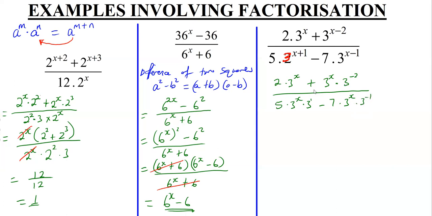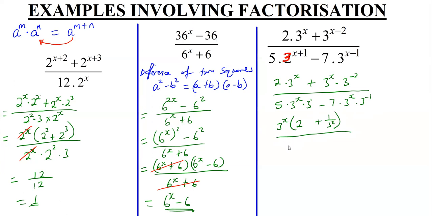Can you see that? Now, what you see is that you can factor out 3^x, because there's a plus sign here. It's common, 3^x and 3^x. So you can factor out 3 to the power of x here. Then you are left with 2 plus 3 to the power of negative 2. But 3 to the power of negative 2, let's put it this way: 1 over 3 squared, all over.